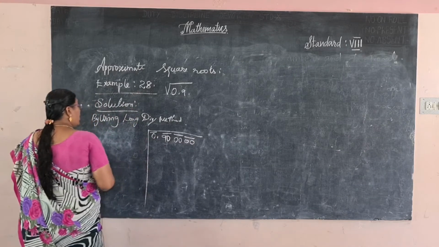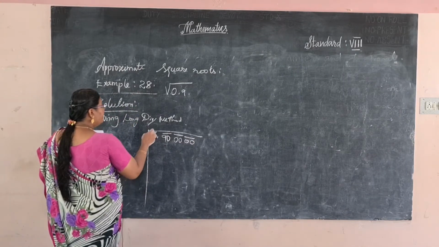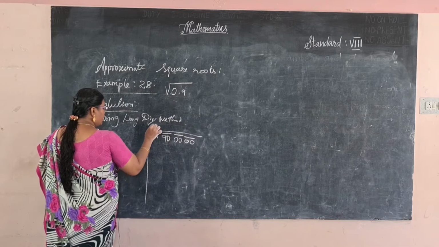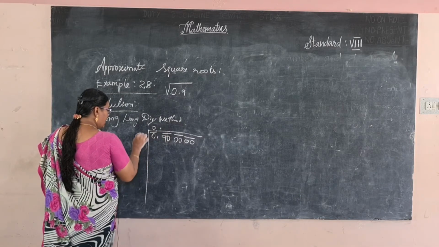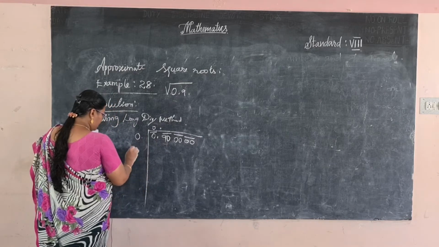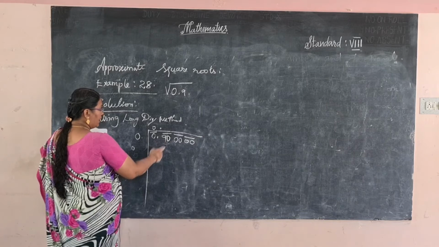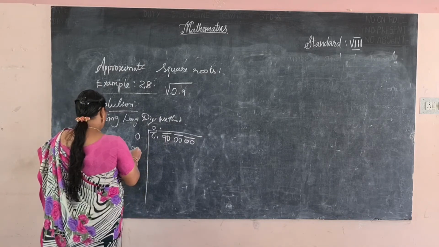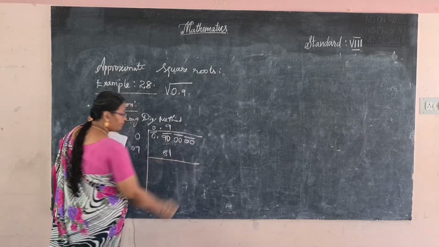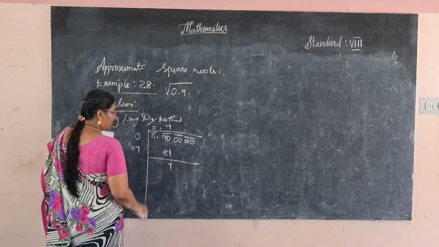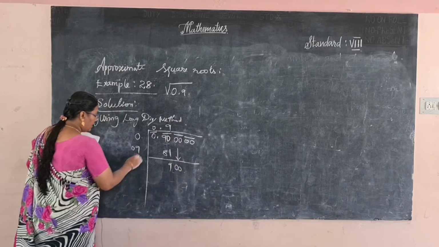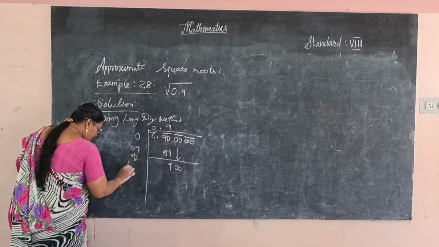Now as usual, calculate using the long division method. How many times is possible? Not possible, so here 0, 0.0. Multiply by 2, we get 0. Now 90, how many times is possible? 9 times. 9 nines are 81, so 9 remaining. Next 2 digits down, multiply by 2, 18.